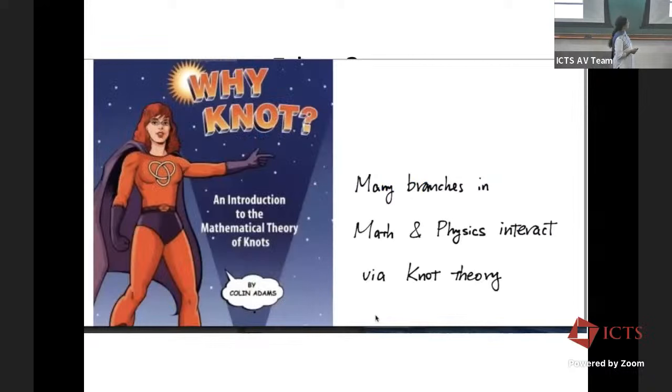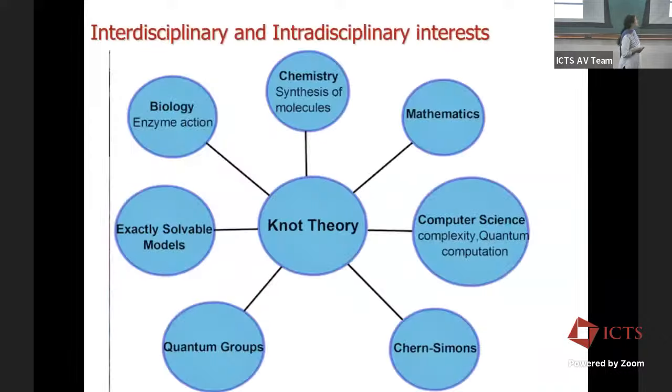Then this book is also very interesting: Why Knots? An Introduction to the Mathematical Theory of Knots by Colin Adams. This book talks about various interfaces, branches in maths and physics, which interestingly interact via knot theory. So I suggest you take a look at some parts of this book.